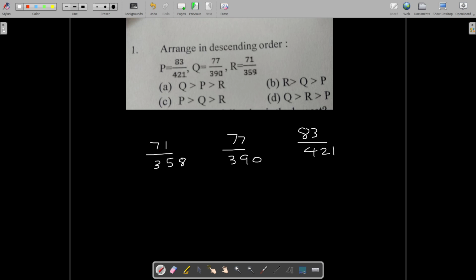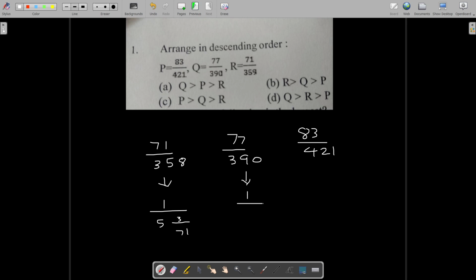The way to approach such a question would be division. Divide numerator and denominator by 71. So the first fraction becomes 1 by 5 and 3 by 71.